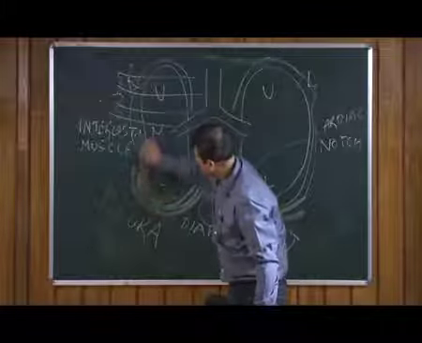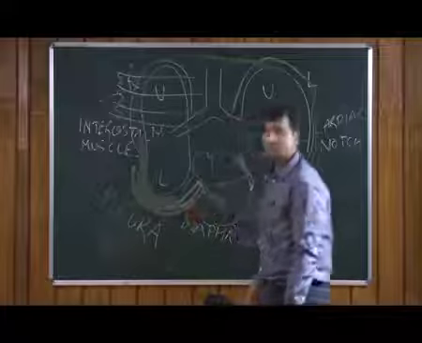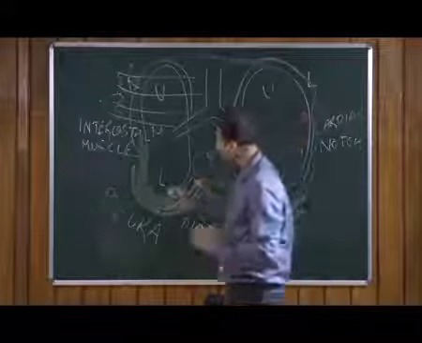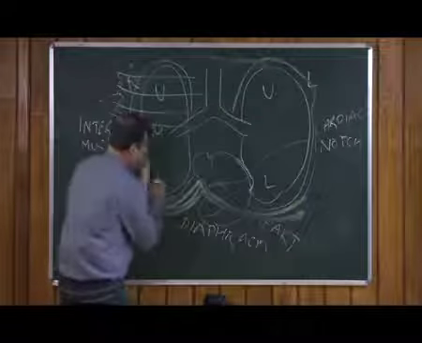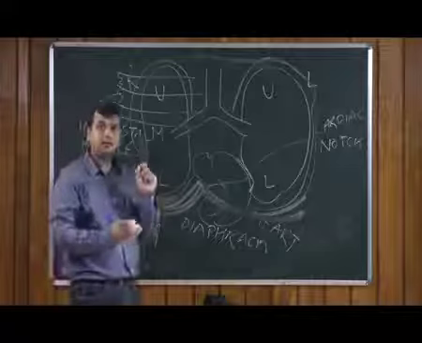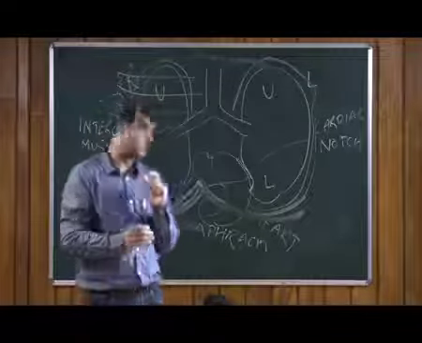So this whole area is getting filled with fluid at the time of inflammation, and this fluid is exerting a kind of force on the lung, causing distress in respiration.